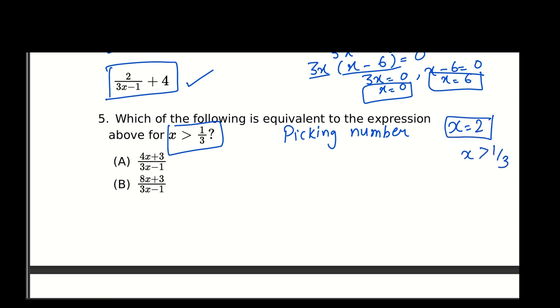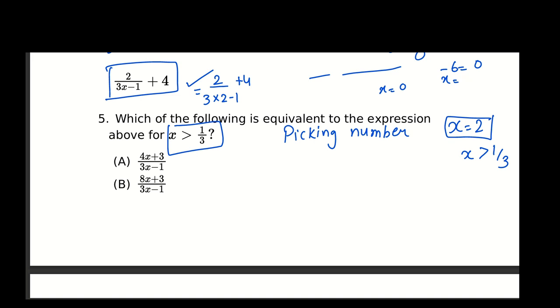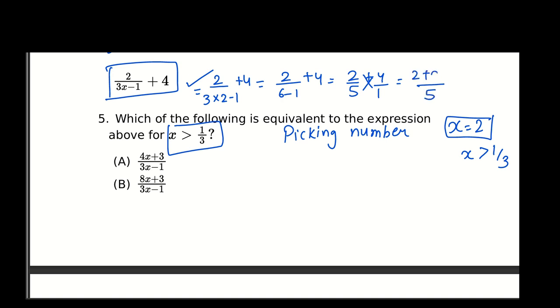And we are going to put 2 here: 3 multiplied by 2 minus 1 plus 4 is equivalent to 2 by 6 minus 1 plus 4, 2 by 5 plus 4. We are going to take the LCM here. That is 22 by 5.